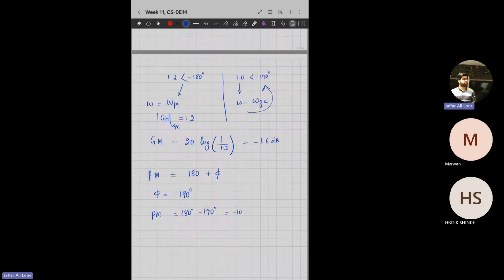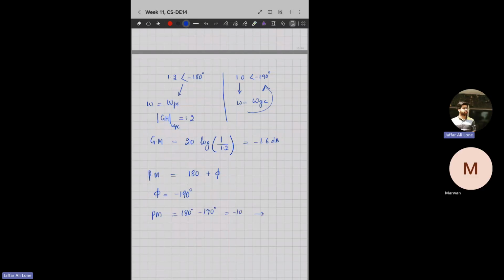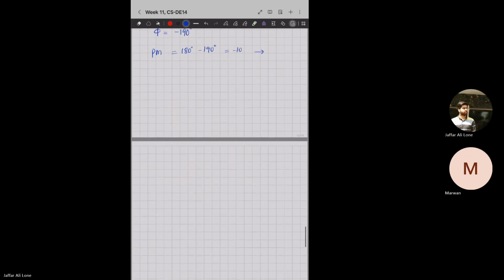That's equal to minus 10 degree. So phase margin and gain margin both are negative. It means the system is unstable. Okay. So basically, I wrote the approximate values. If you solve it, you'll find both gain margin and phase margin are negative. That means your system is unstable. That's what was required. Now let's solve one more question.